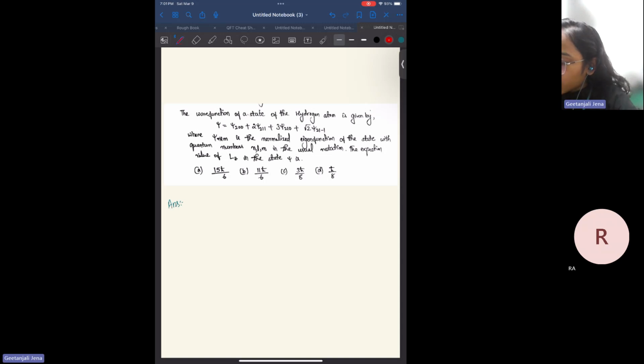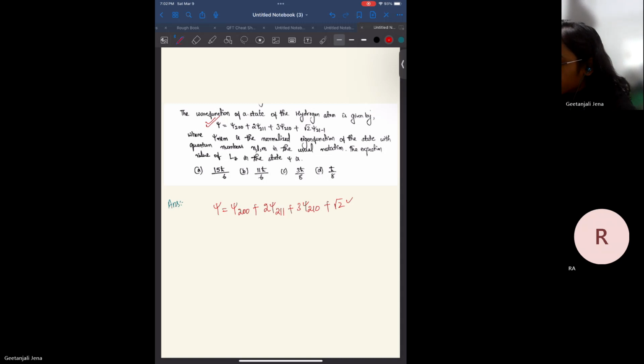It is given that the wave function of a particle in a hydrogen atom is a superposed state of psi NLM: psi equals psi 211 plus 3 psi 210 plus root 2 psi 21 minus 1.